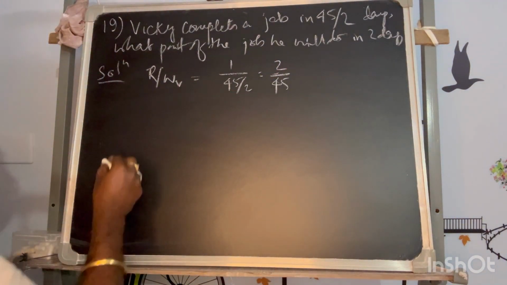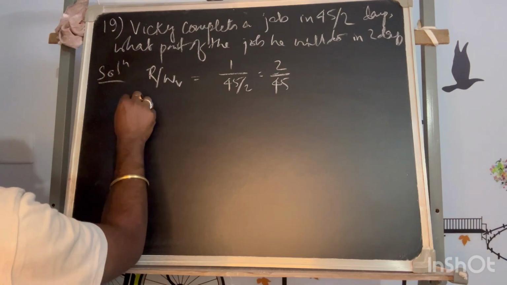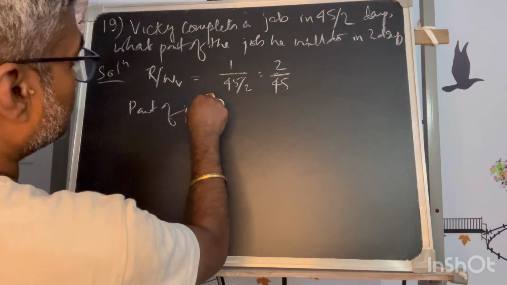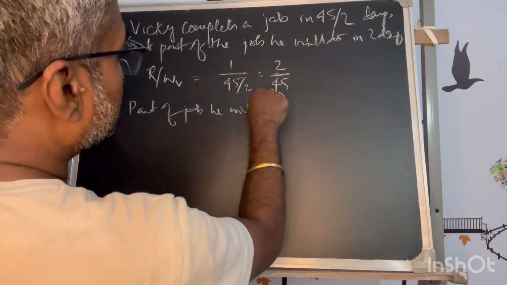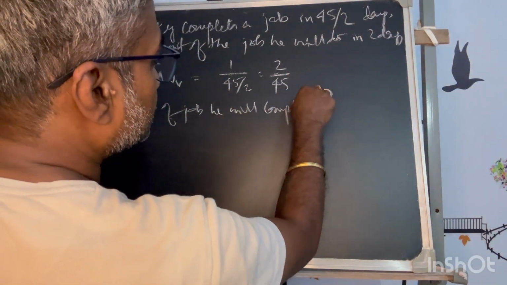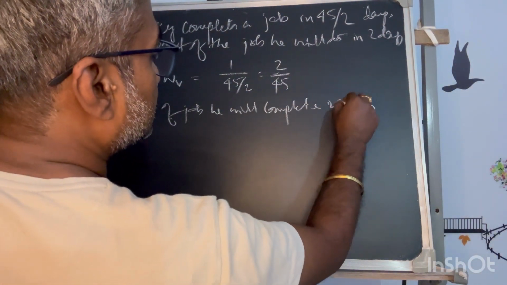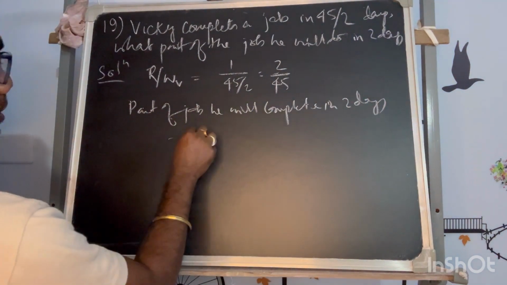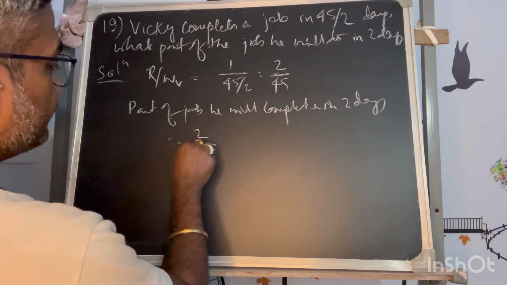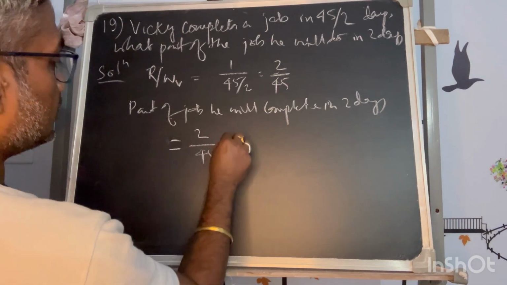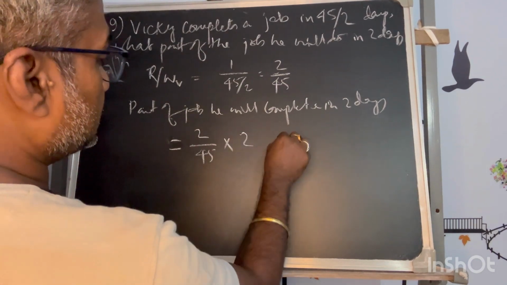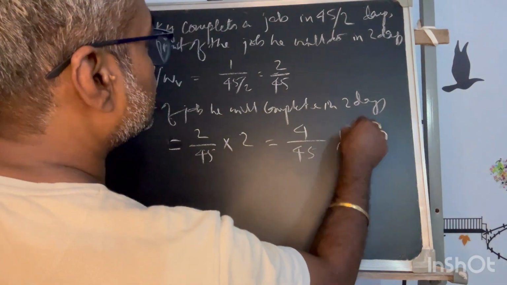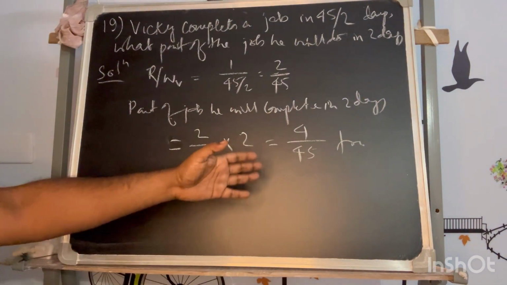So the part of the job he will complete in 2 days, with this rate, is the rate of work into the number of days. So that means 4 upon 45 fraction. So this will be your answer.